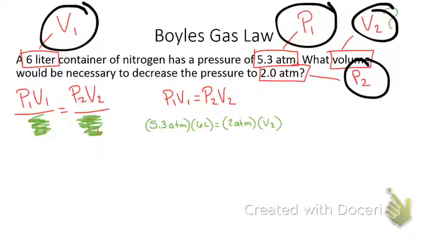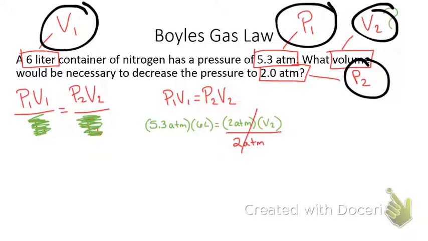So from here, it takes a little bit of algebra, which I know some of my students hate, and rearranging this equation to get my unknown variable isolated. To get V2 all on its own, I'm going to have to divide both sides by 2 atmospheres.